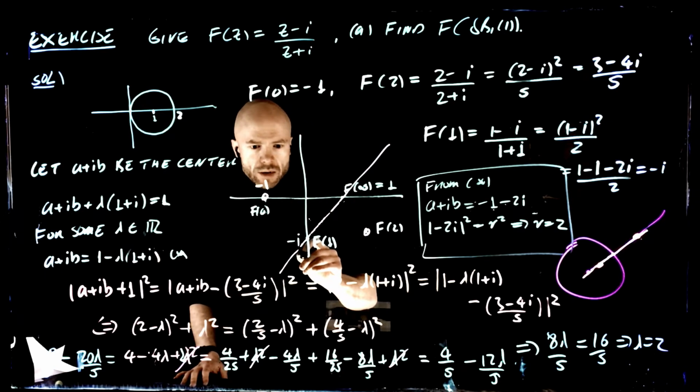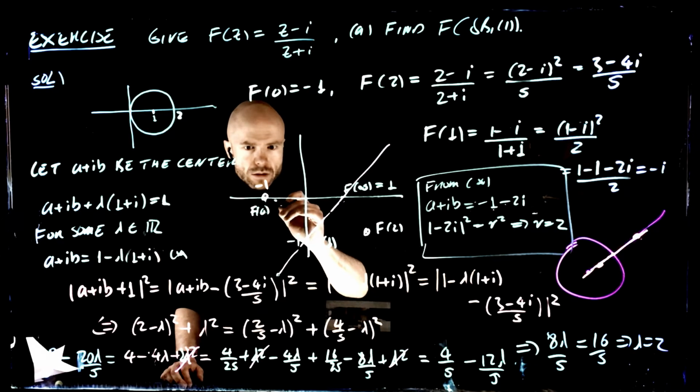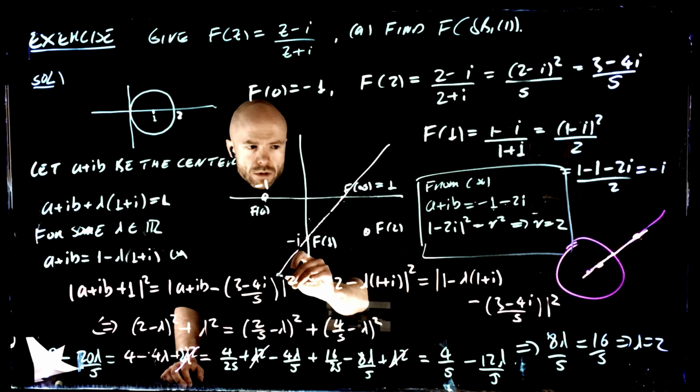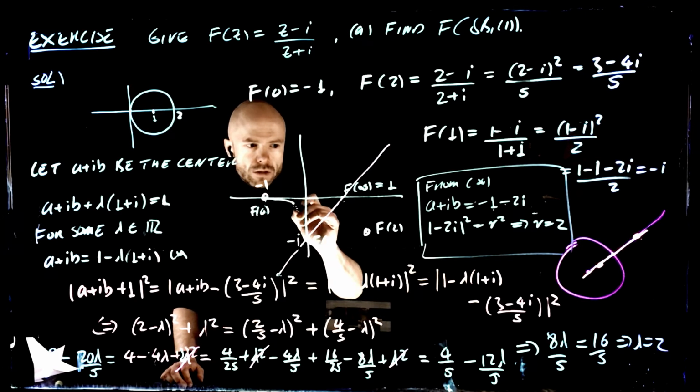Okay, so minus 1 minus 2i is something like this. If it's got radius 2, then it should go through like this.